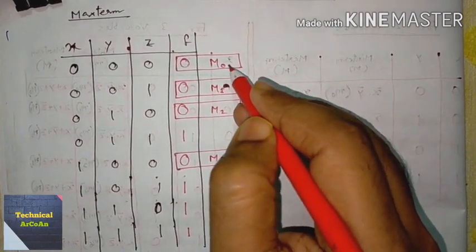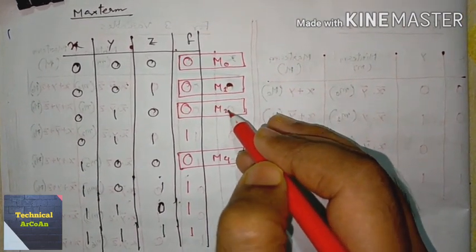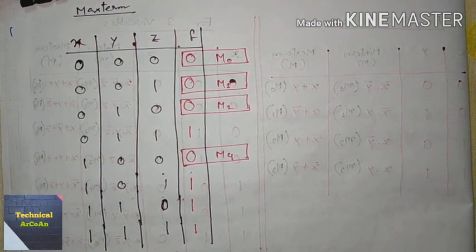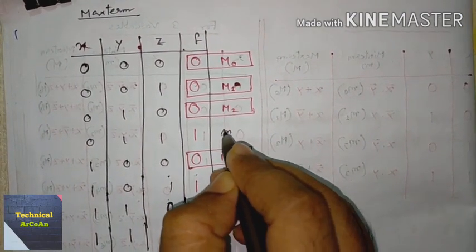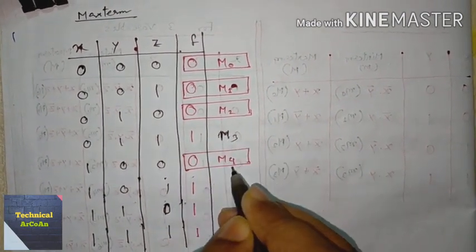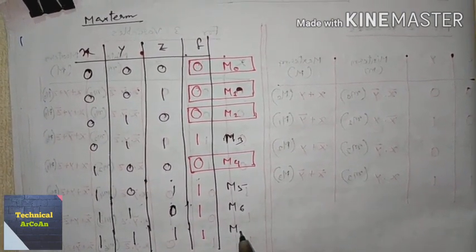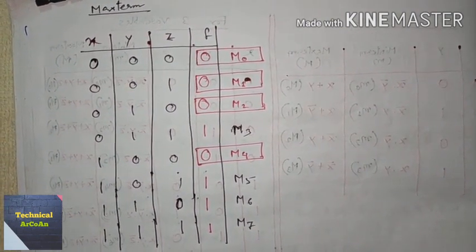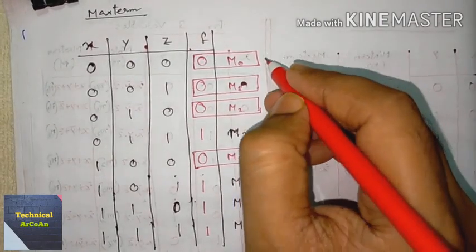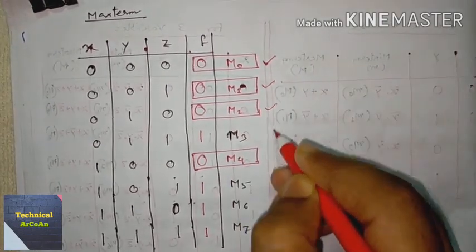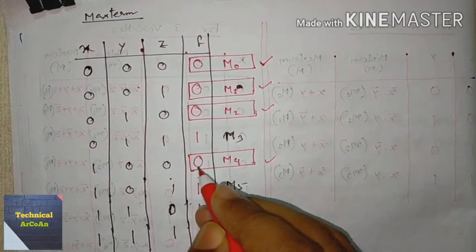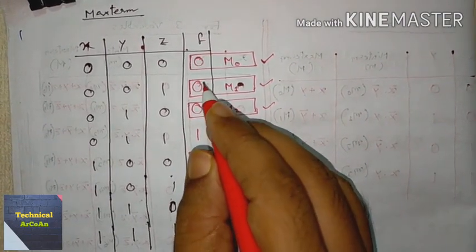This position is M0, M1, M2, M3, M4, M5, M6, M7. But we only took these, because at these 4 positions 0 appears.